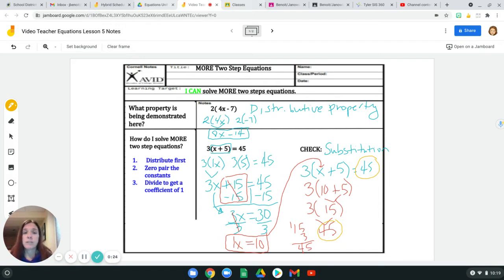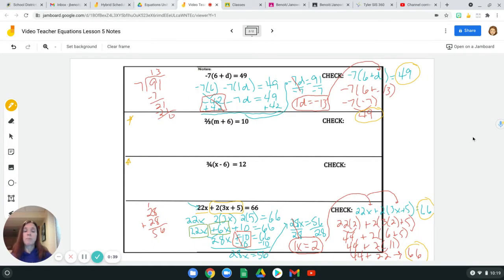Those of you taking notes in your learning log or on paper, get your title, More Two-Step Equations. Get your learning target. I can solve more two-step equations. And then we're actually going to flip to the 2 examples that we did not do in part 1. So go ahead and pause if you need to get your paper ready. If you've got your note packet, you should be ready to go.